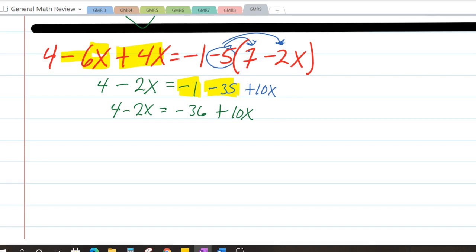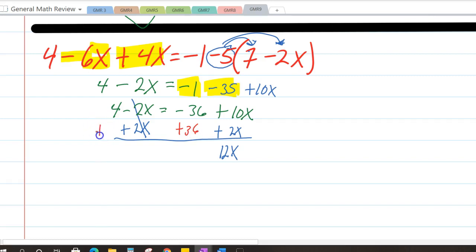What that means is I'm going to add 2x to this side and add 2x to this side. After they cancel out, I'll be left with a positive 12x. In order to get the x's by themselves, I'm going to move the 36 to the left-hand side. So I'm going to add 36.